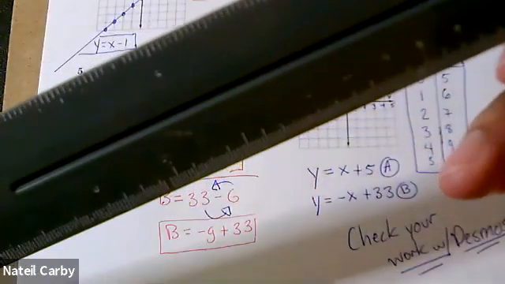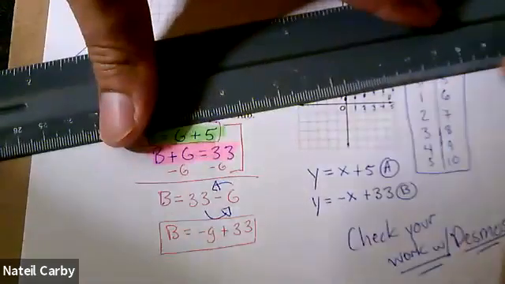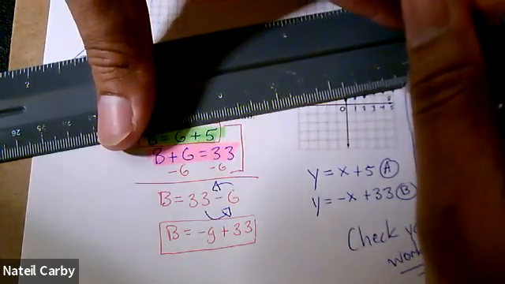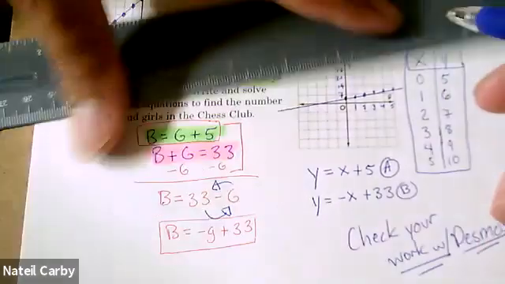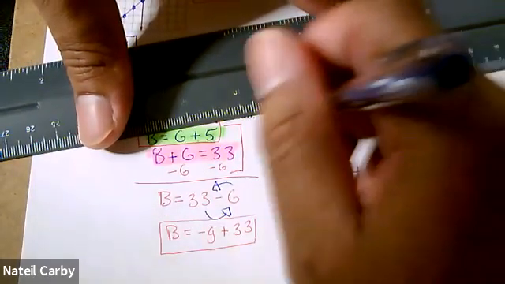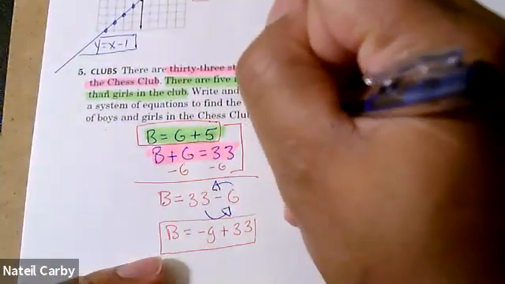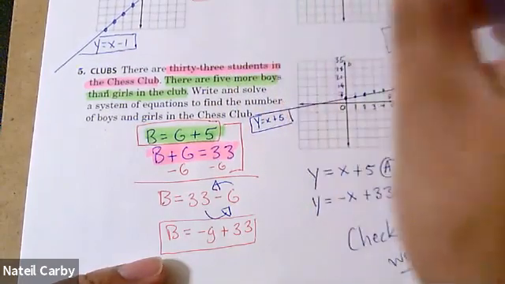My stuff is looking ugly, but we're going to make this thing work though. Y equals x plus 5. Okay.